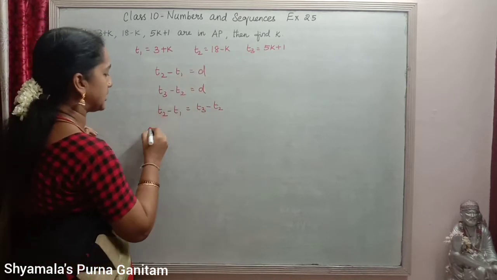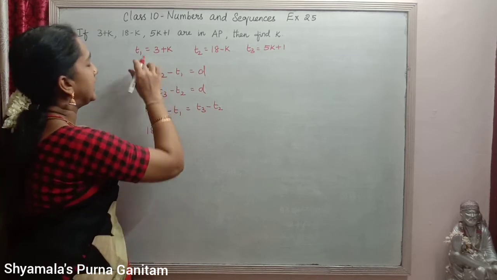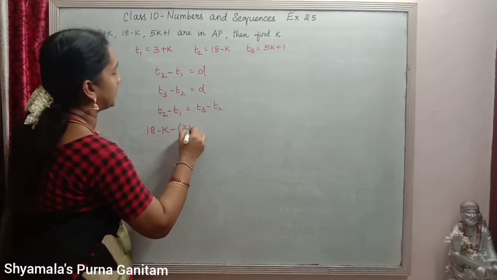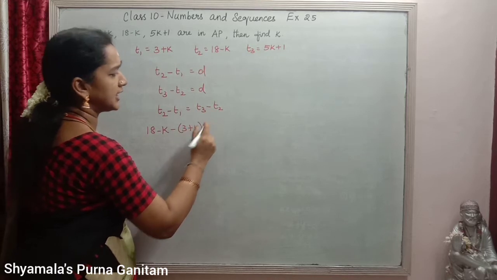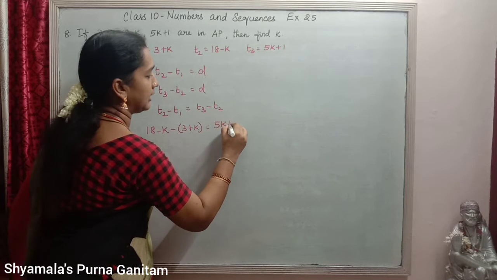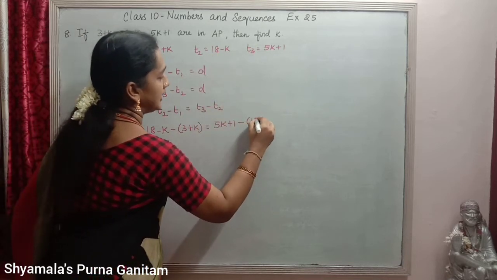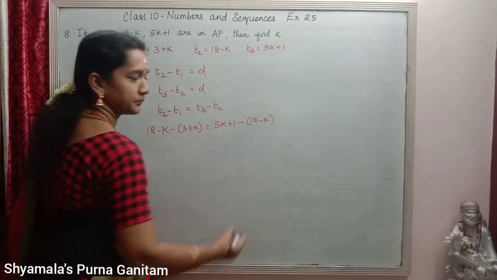So, T2 is given as 18 minus k, minus T1 is given as 3 plus k, is equal to T3 is given as 5k plus 1, minus T2 is 18 minus k.